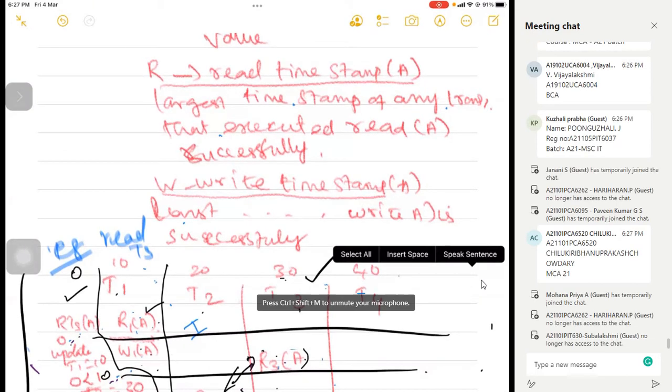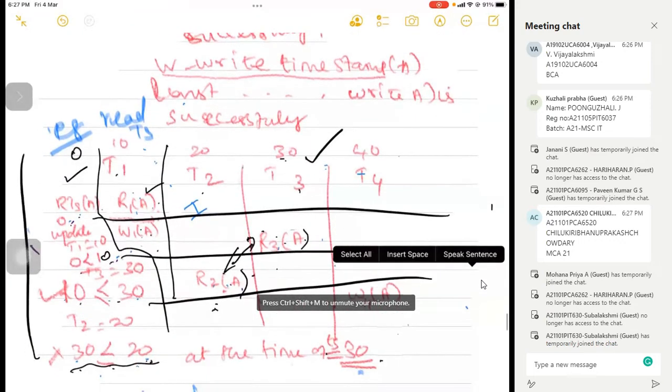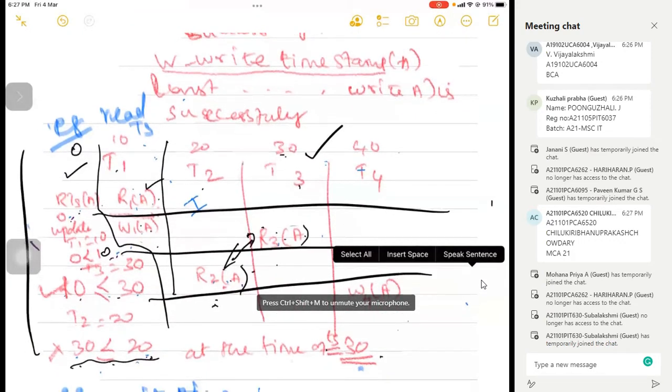That is the largest timestamp of any transaction that executed read successfully. Largest timestamp of any transaction that executed write of A successfully executed. Listen here, one example is there.